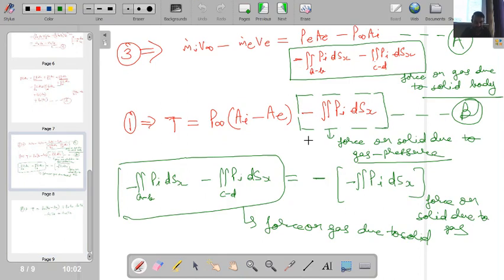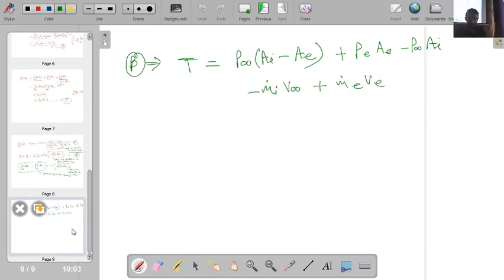Basically, this term is nothing but minus of this. So minus of this I have calculated and substituted in B. Now tell me finally what I will get. T equals m dot E into VE minus m dot I V infinity.